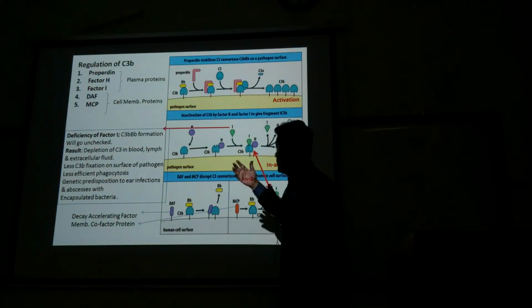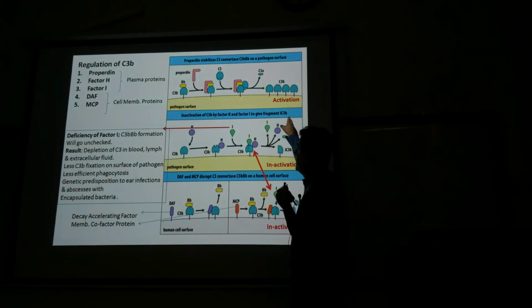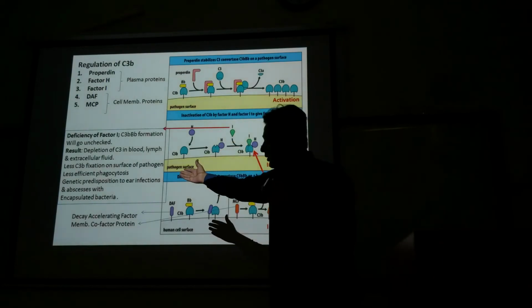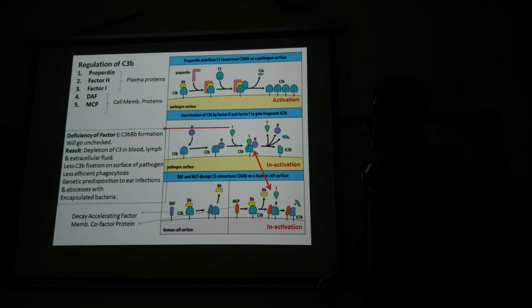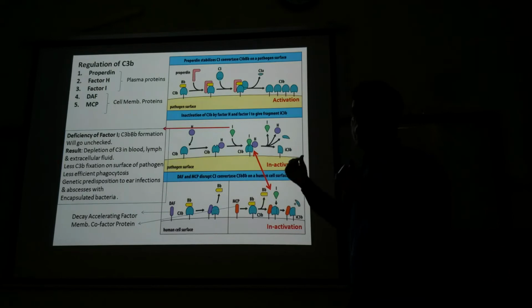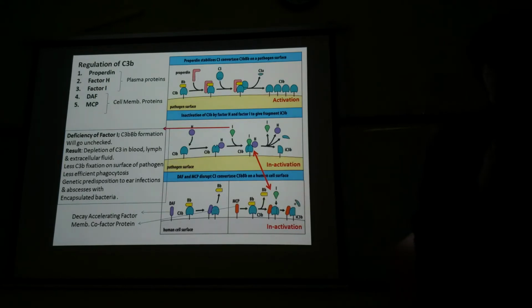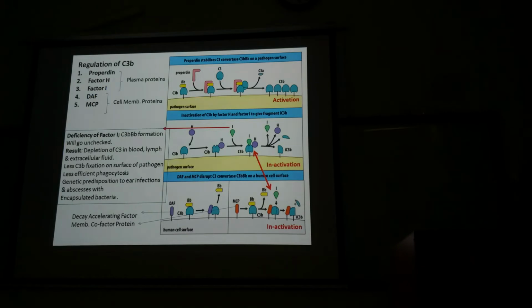And if there is less fixation on the surface of the pathogen, it would lead to less efficient phagocytosis. If there are less number of C3b molecules attached to the surface of the pathogen, the process of phagocytosis would be less efficient.